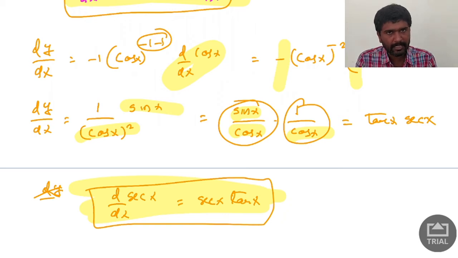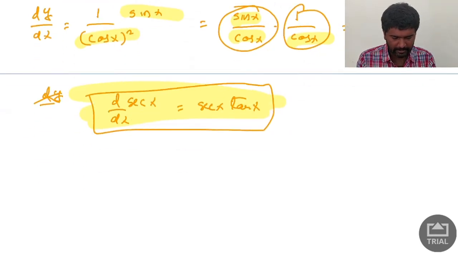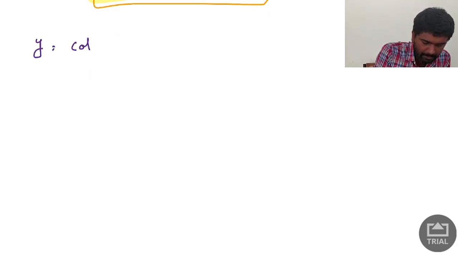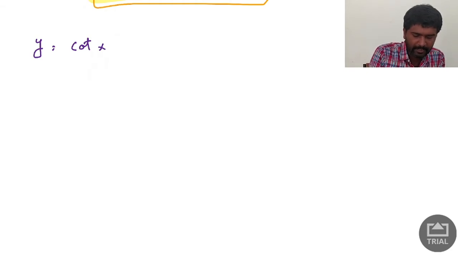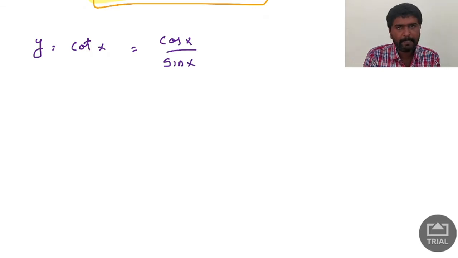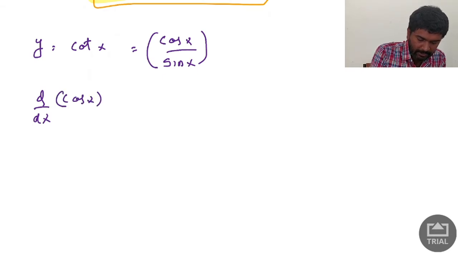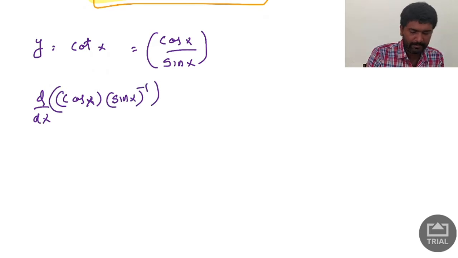Similarly, you can do it for cot x and cosecant. Let us do even that. So I am doing now the function y equals cot x. You can write that as cos x by sin x. Then dy by dx of this will be dy by dx of cos x into sin x whole power minus 1.